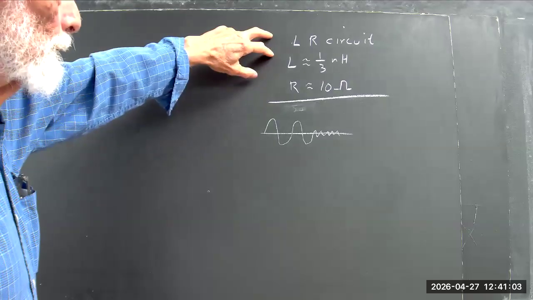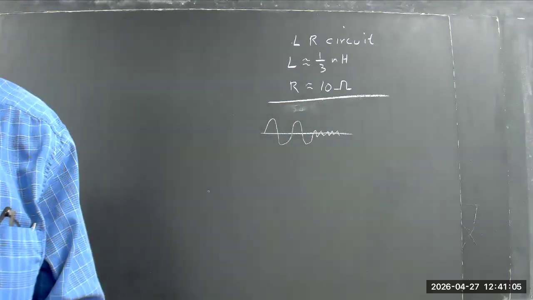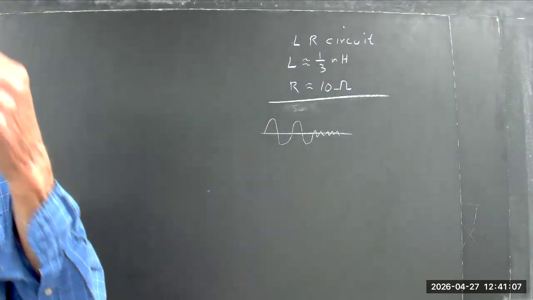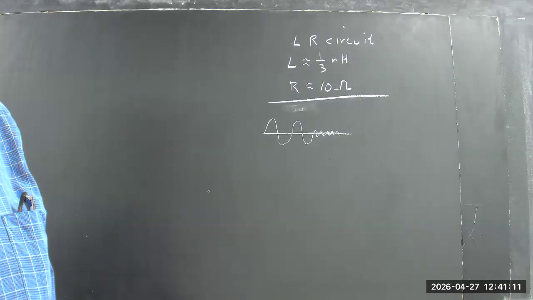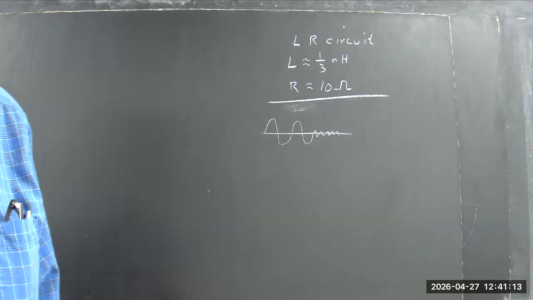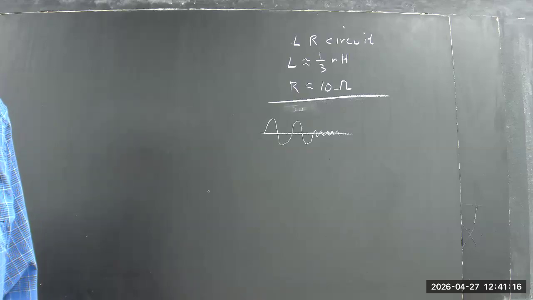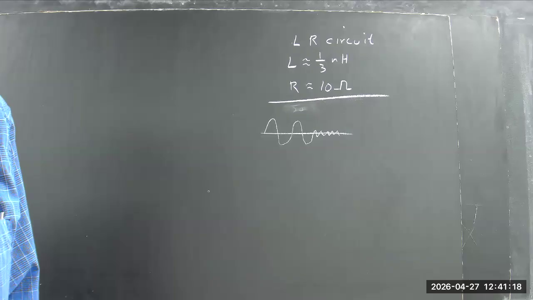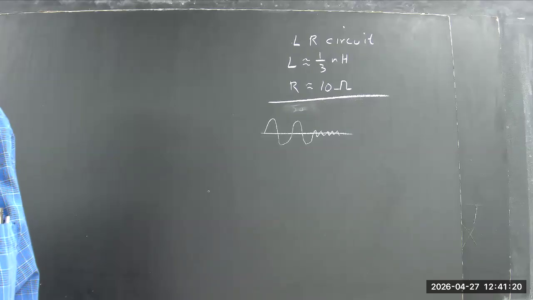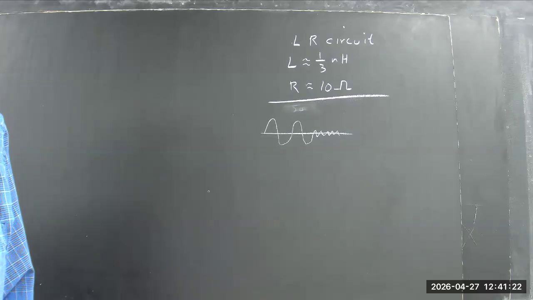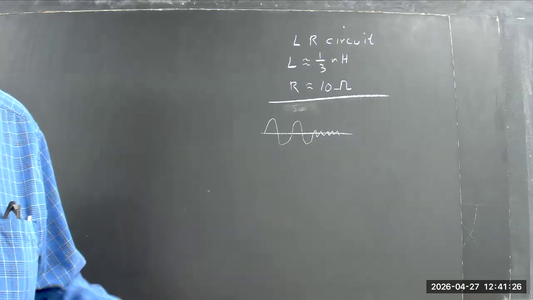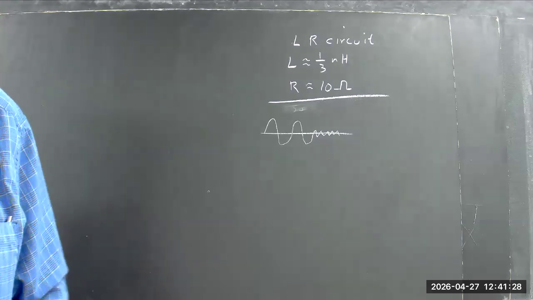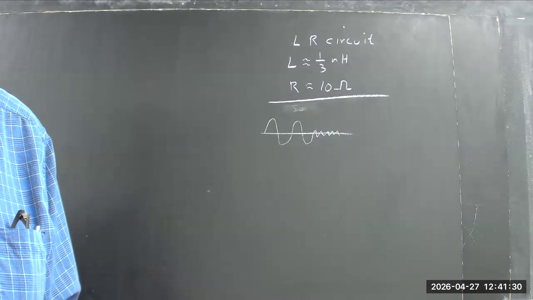For these values of L and R, that should not have happened. So, two things. We were not measuring the voltage across the circuit, and it could well be that the function generator changed its output voltage when we changed the frequency, okay?